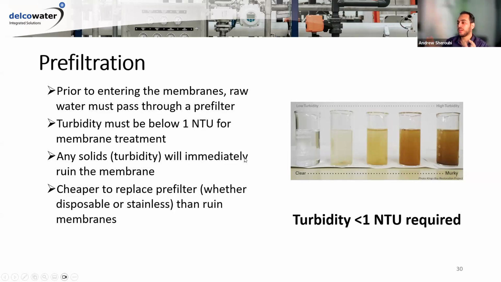So when we design an RO or an NF, and I think a lot of people do this as well, they put a cartridge filtration system right on the skid, maybe 1 or 5 microns, just in case whatever's before it fails, and to capture some of that. It's obviously cheaper to replace these pre-filters than the RO membranes.